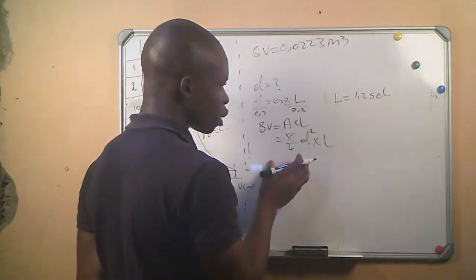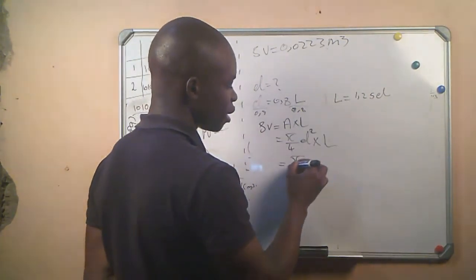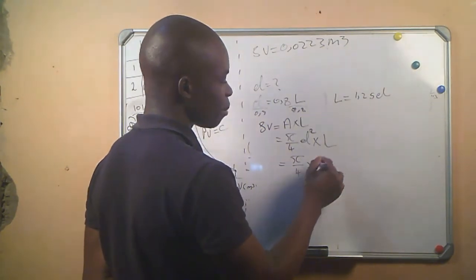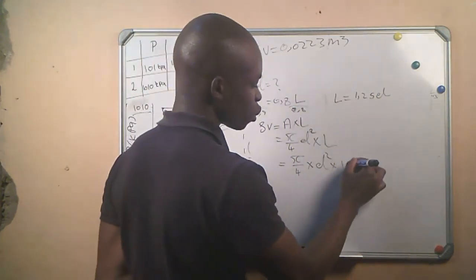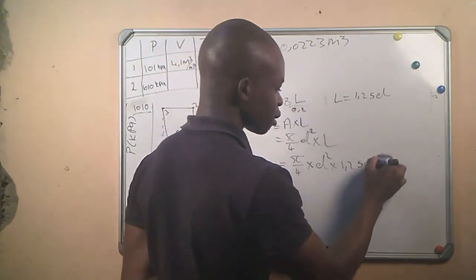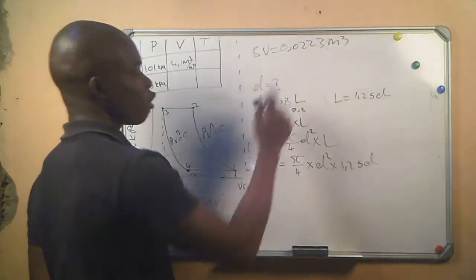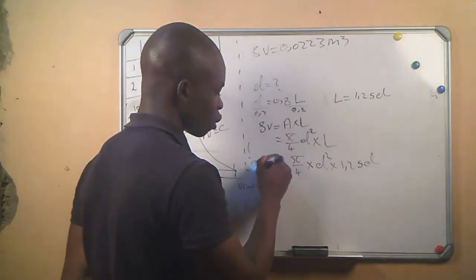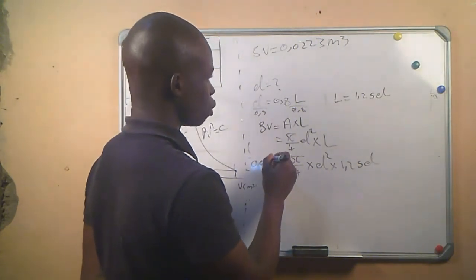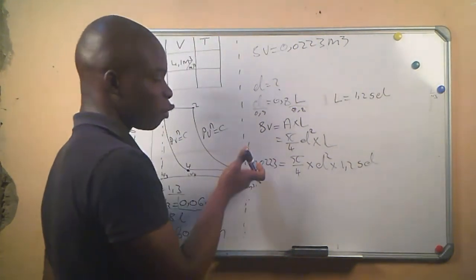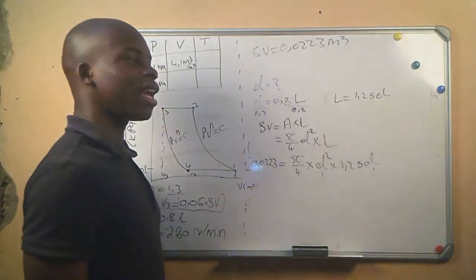And then we come to this equation, we substitute: pi divided by 4 times d squared, and then instead of L we put this 1.25 d, and then we have the value of the swept volume, which is 0.0223. If we take a look at this equation, the only unknown that we have is the diameter.